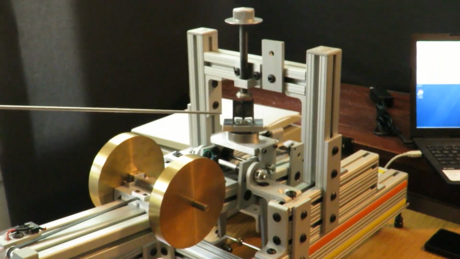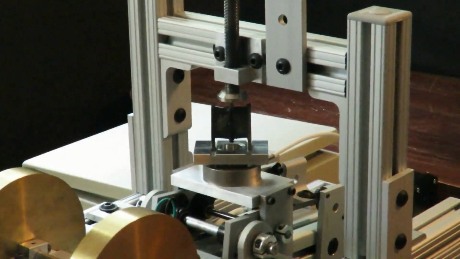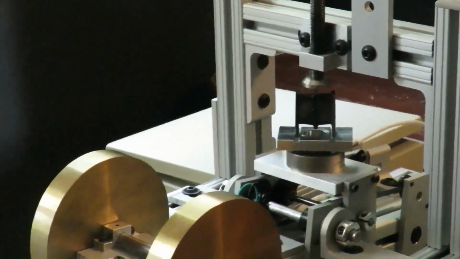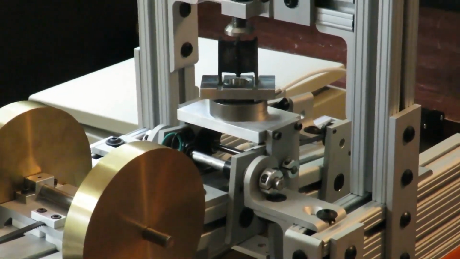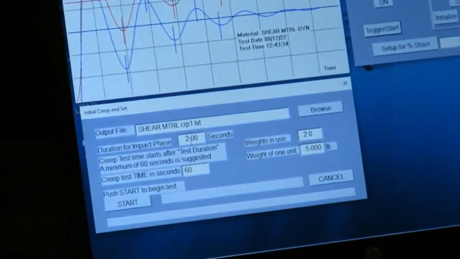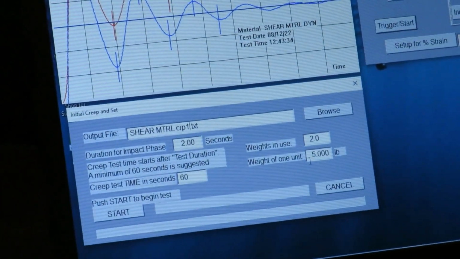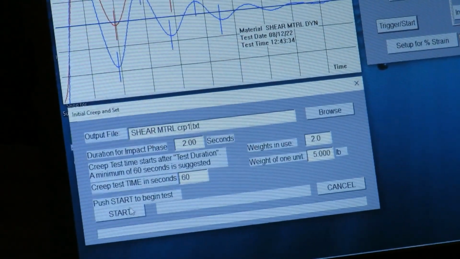We shall run a creep test on this shear specimen, under the same conditions as we did on the dynamic test, and we will allow 60 seconds for the creep test. We are setting up, ready to go, and go.